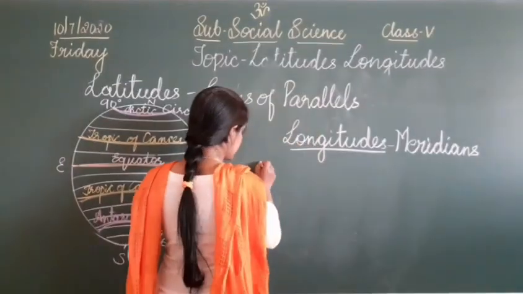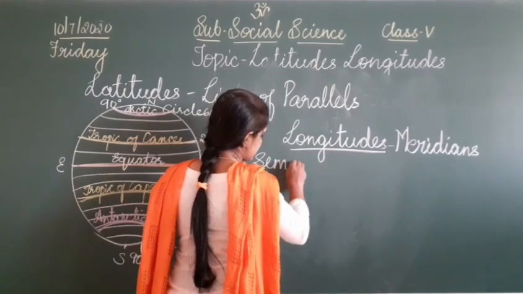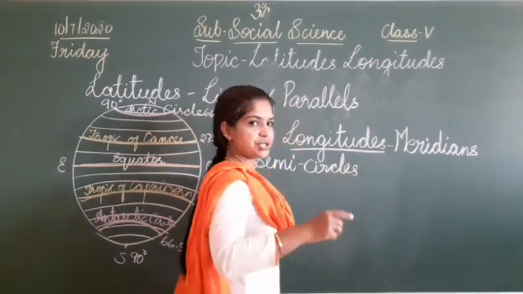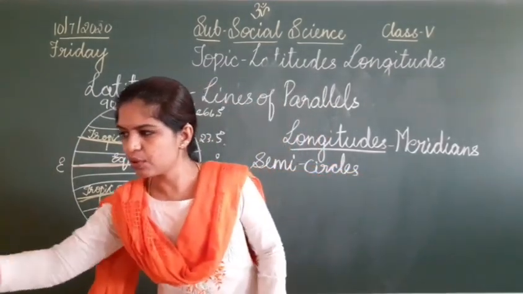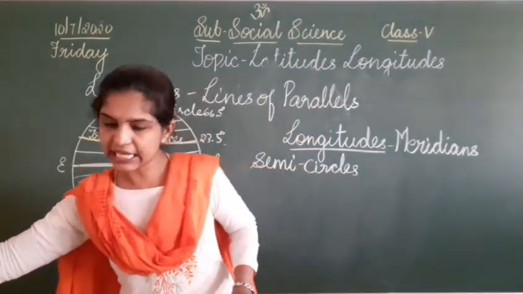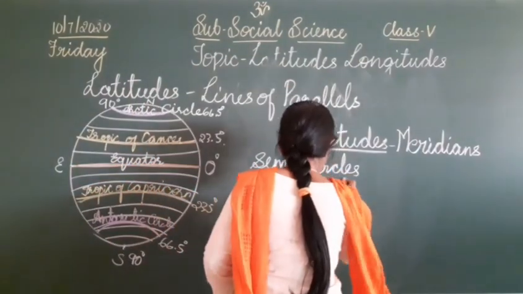The longitudes are semicircles. They are semicircles which run from North Pole to South Pole. Got it? Yes, let me draw it for you now.